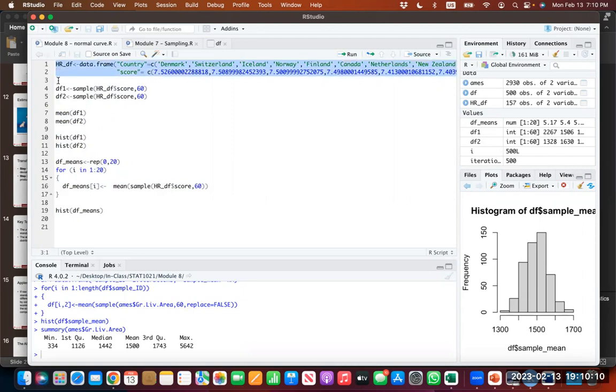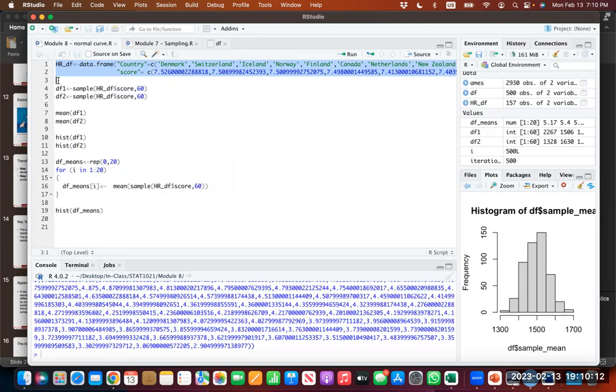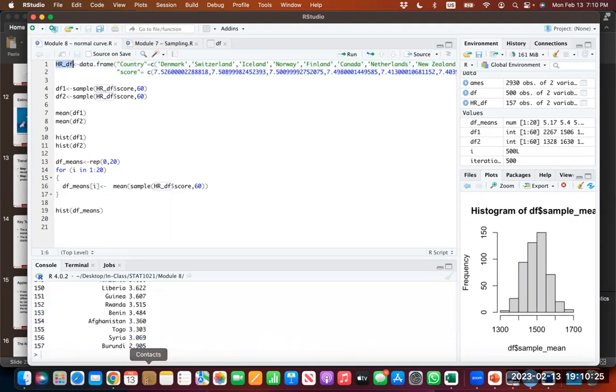If you want to just quickly run this, we're doing the same exercise. We're building a data frame with 157 observations. So that's the data frame that we also have in Excel. We're building again 2 different samples, DF1 and DF2.